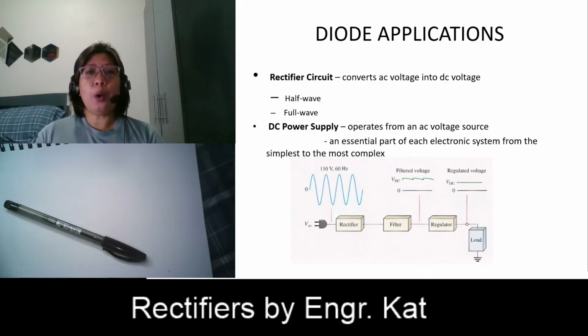Our DC power supply is divided into three blocks. From the source, which is an AC source, we will be passing through a rectifier circuit. A rectifier circuit will convert your AC voltage into a DC voltage. So this is an integral part of your DC power supply.